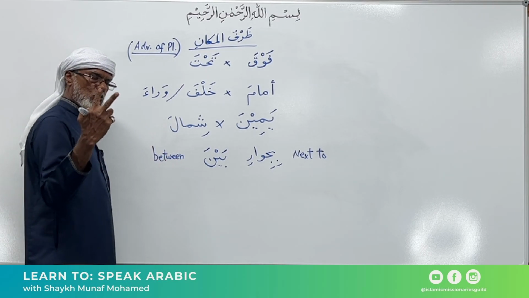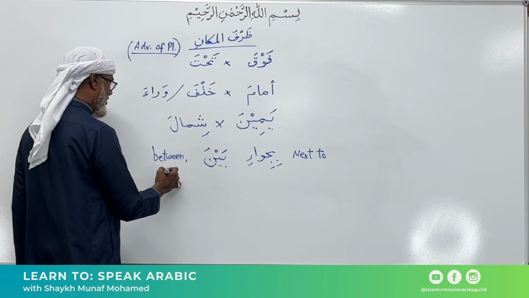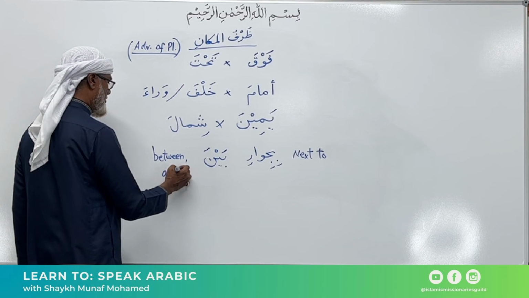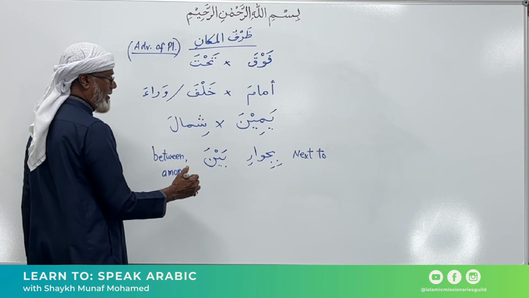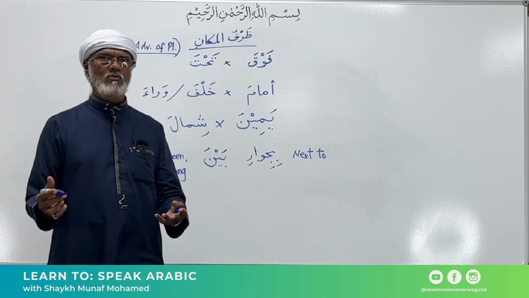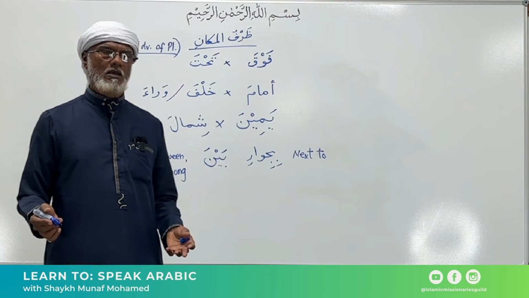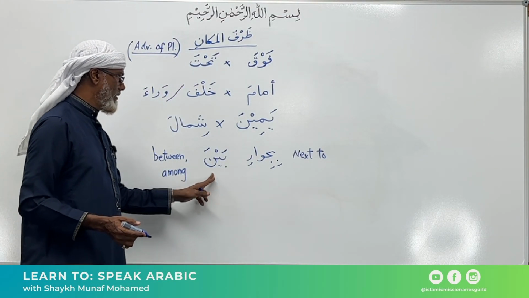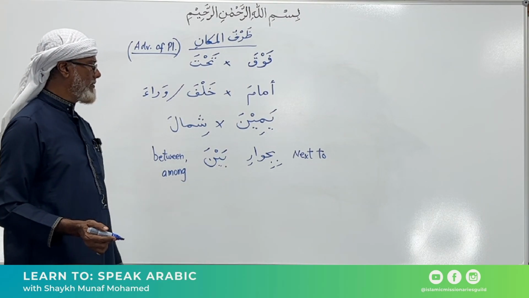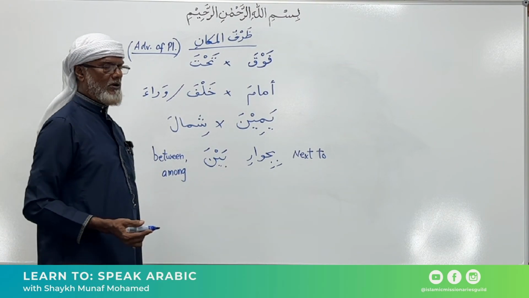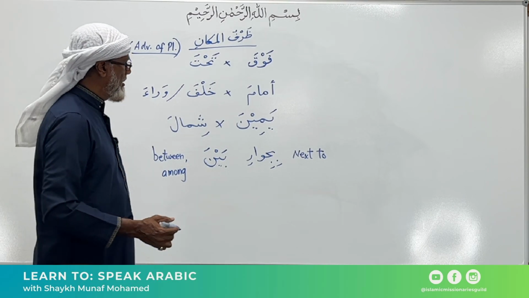Between is between two. And you could have among, and among will be more than two. You have the word بين. So these are all adverbs of place.